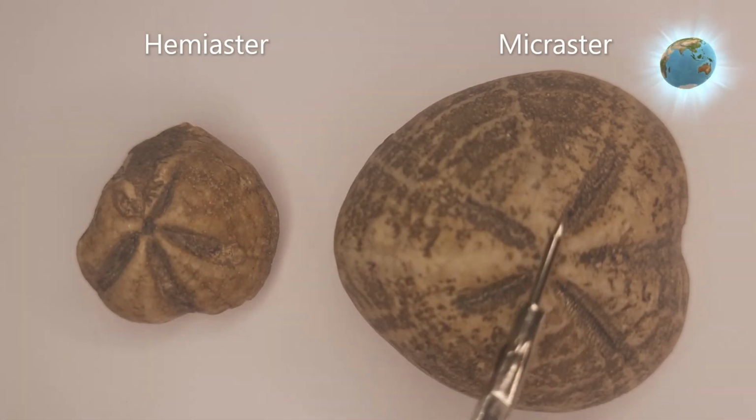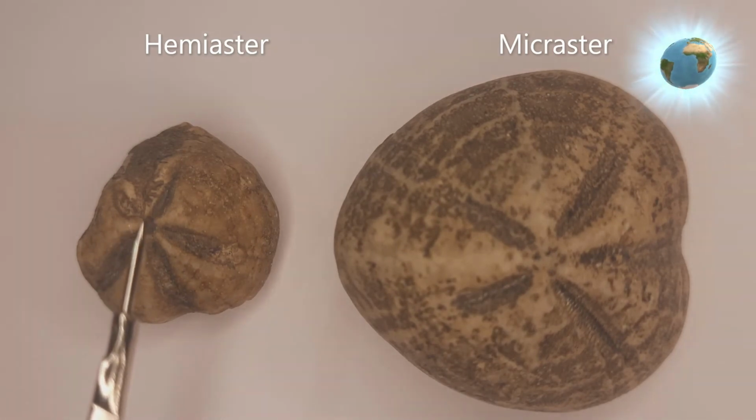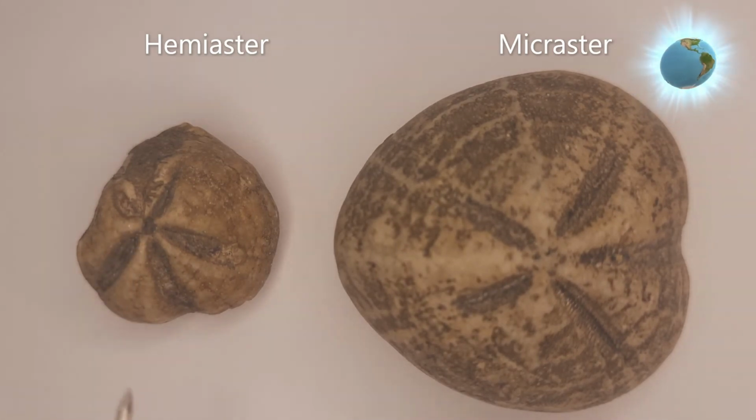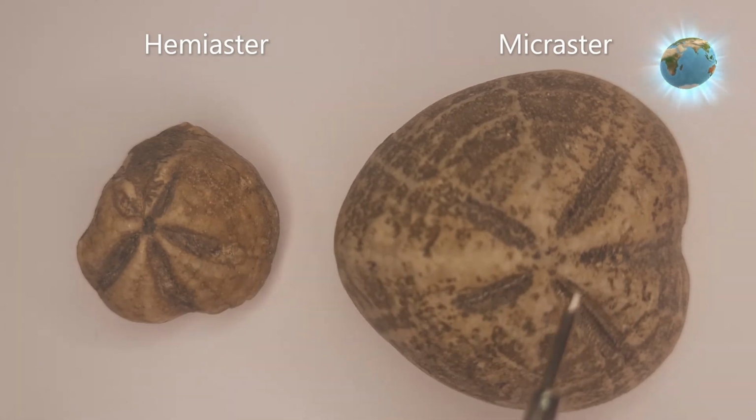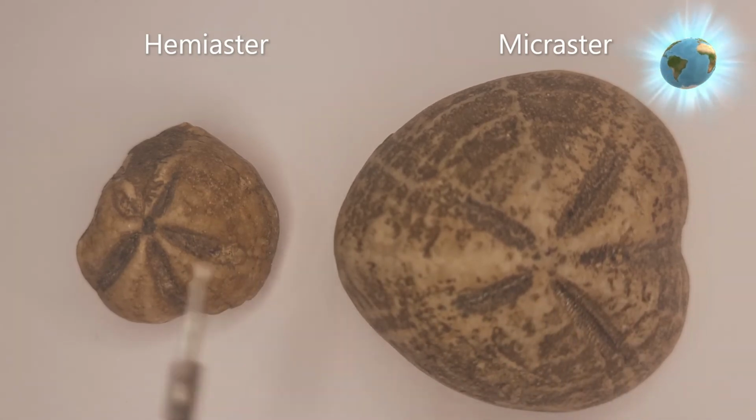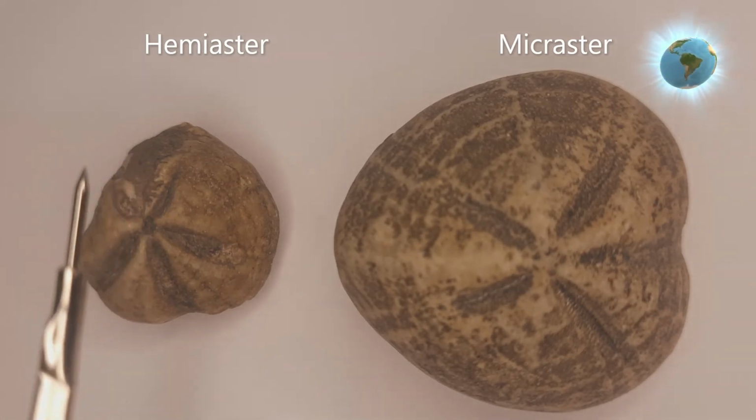Micraster is larger in size compared to Hemiaster, but in morphological characteristics it may appear the same. You can just look at it. Both look the same. This is a heart shaped outline.